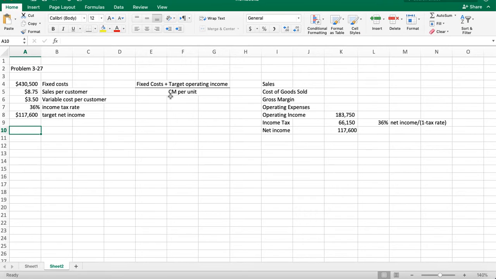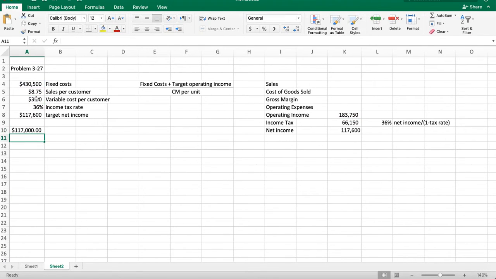And so now I can go back over to this formula, and I take my fixed cost plus my target operating income, which is this. I'm going to have to use some parentheses, divided by my contribution margin per unit, which is my sales price minus my variable cost per unit. And that gives me, and remember that's in units, not dollars, so I've got to make sure and get rid of that dollar sign. That is my break-even units. So the only thing we did different here is we added, I'm sorry, that's not break-even.